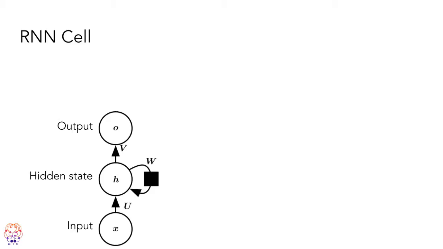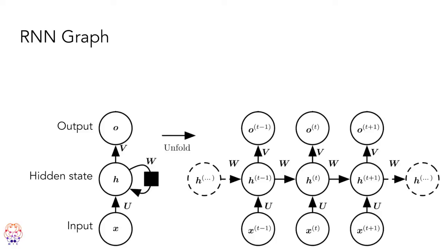Basically we get from x to h. h is the weighted sum of x times U plus W times h of t minus 1, the previous step. And then we'll show this unrolled so it's more clear.